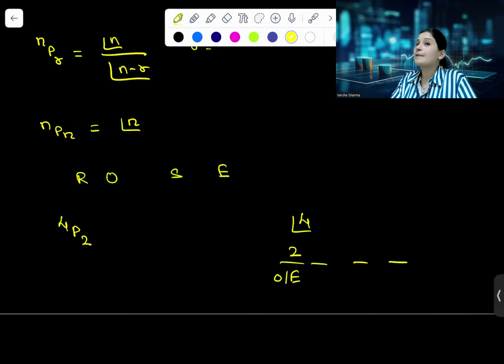Now, the remaining three places, do they have any restriction? No. The three places can only be arranged. We don't need to select. So the remaining three places can be arranged in how many ways? Factorial three ways. Not three, factorial three, because arrangement is involved, right? So the answer would be 2 into factorial 3, 12 ways.